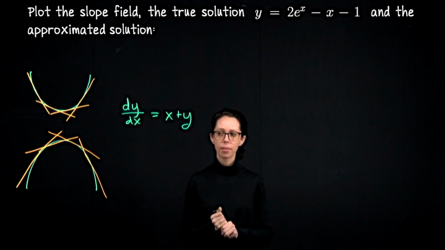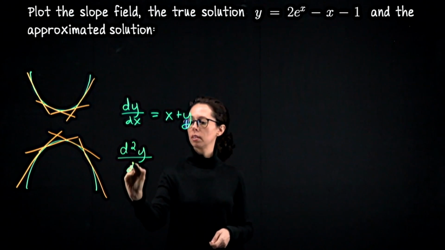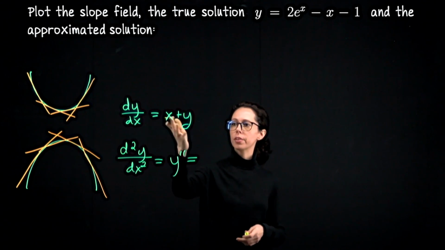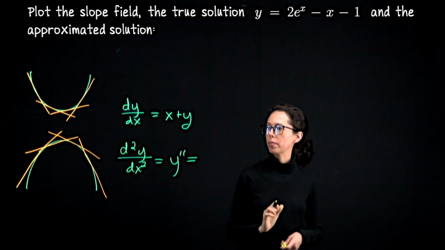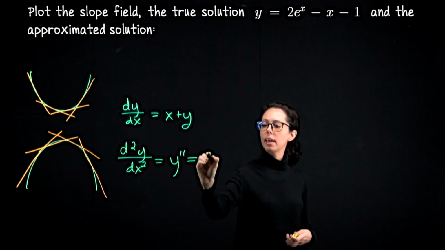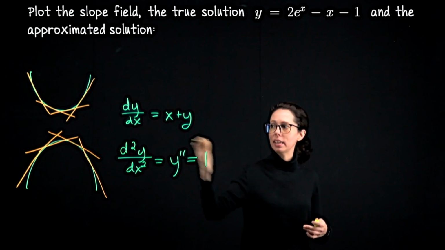If I take the second derivative, or if you prefer, you can write y prime prime. That's going to be differentiating both sides of this equation. So y prime prime is the derivative of the left-hand side. The right-hand side, if I differentiate that with respect to x, dx is just 1. dy dx is the right-hand side.